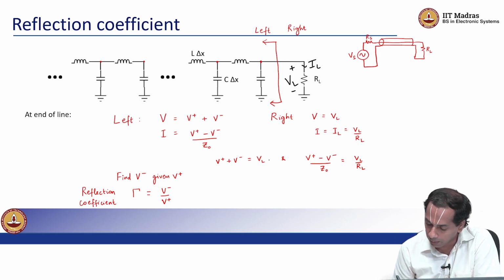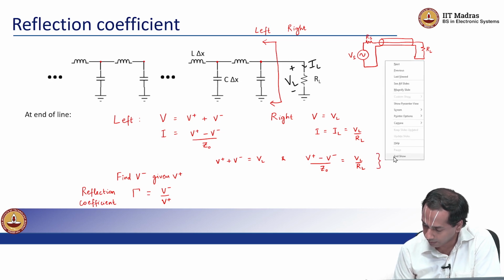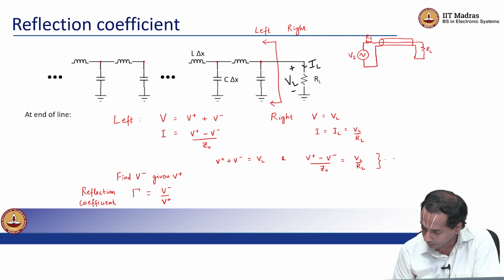So we'll eliminate VL from this pair of equations. So we essentially get that V plus plus V minus is equal to RL by Z naught times V plus minus V minus.